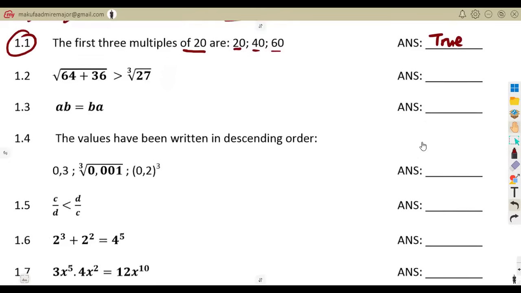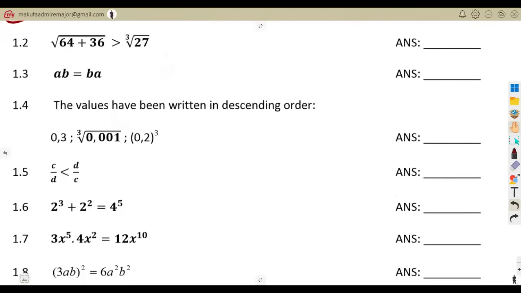On 1.2, you're given the square root of 64 plus 36. Is it greater than the cube root of 27? You can use your calculator to simplify this, but 64 plus 36 is 100. So we've got the square root of 100, which is 10.